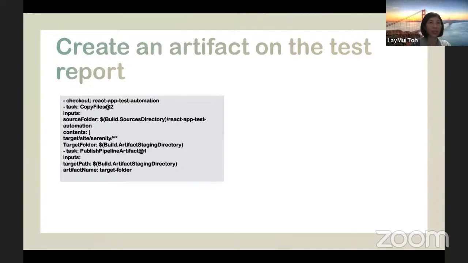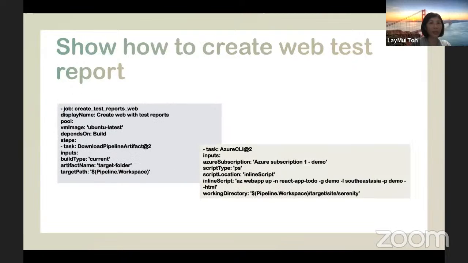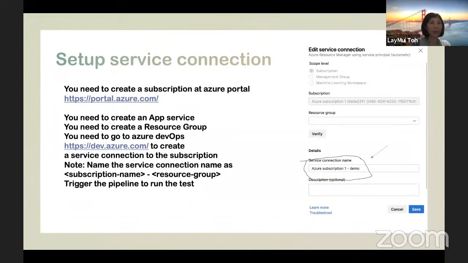So this part is to actually create the artifact for the test report. Okay, then this part is actually to show how you can create a web test report. Because the web report is a collection of HTML, you need the web service to host your report. So in this case, I have to go to the Azure portal to create these app services.